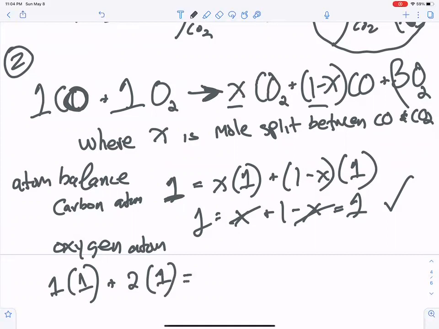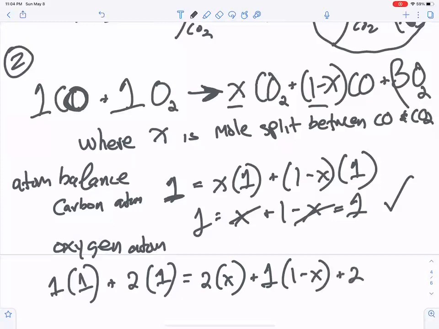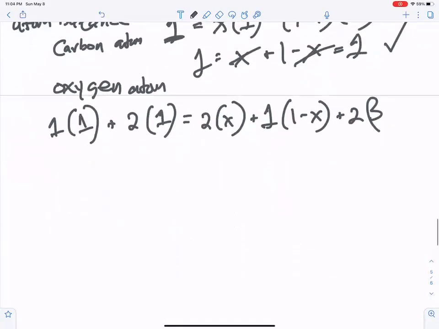That has to balance with the right side. In CO2 there's 2 atoms of oxygen, and then there's X moles. Then 1 in the CO times 1 minus X moles, and then 2 atoms of oxygen and beta moles of O2. Okay, so let's start simplifying that. That means 3 on the left side equals 2X plus 1 minus X plus 2 beta.